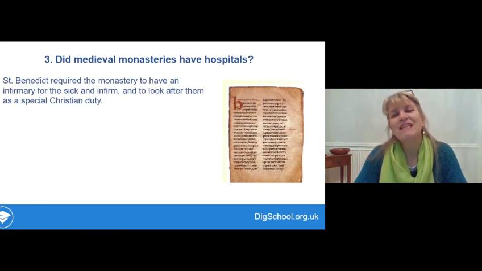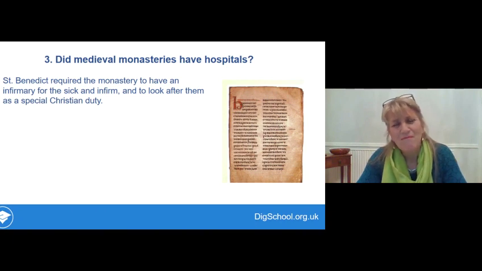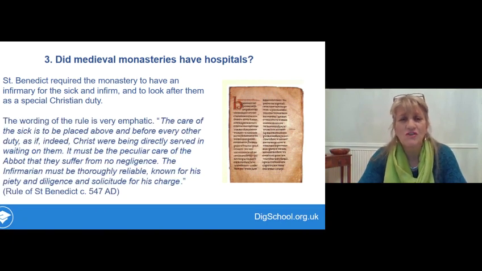So did medieval monasteries have hospitals? It's a bit of a medical thread running through all these bones, as I'm sure you noted. Certainly St Benedict required that monasteries should have an infirmary for the sick and the ill, and that they should be looked after as a special Christian duty.